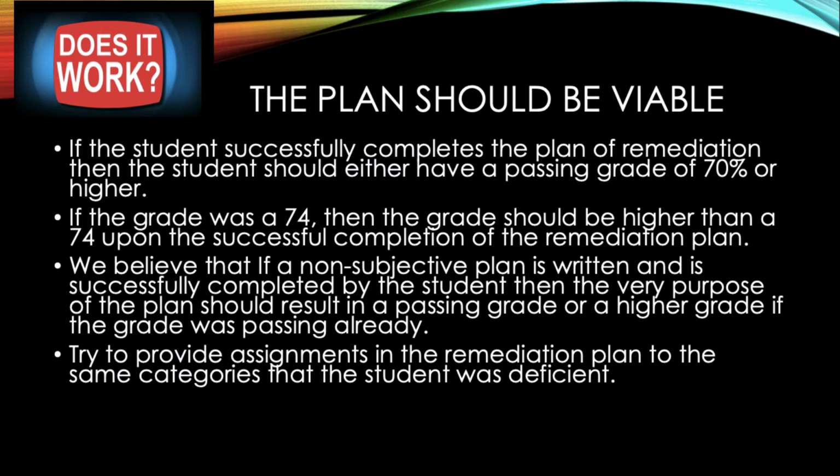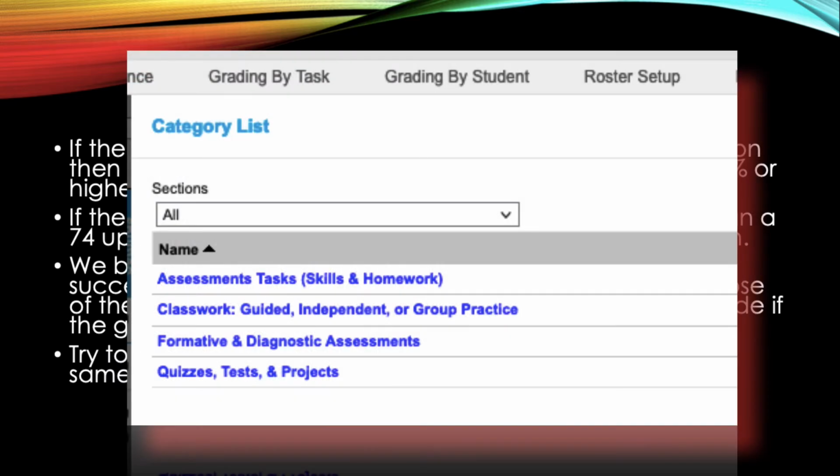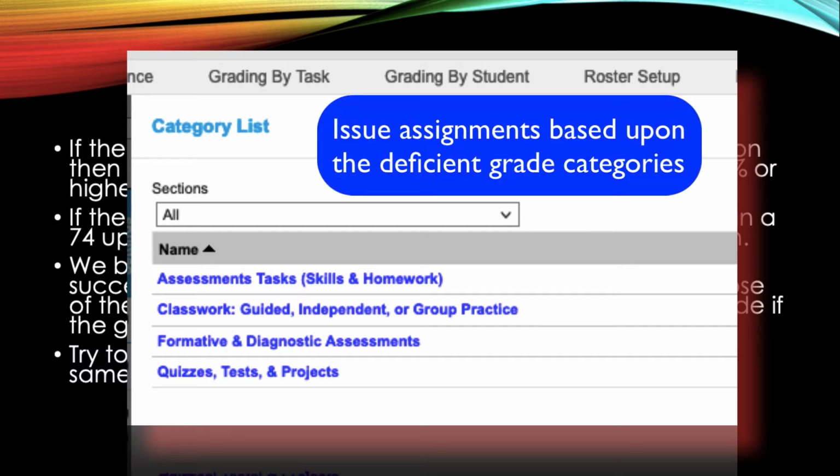Try to provide assignments in the remediation plan in the same category that the student was deficient. If the student is deficient in assessment during learning, then it may be a good idea to make sure that the student receives assignments in that particular area. If the student has a failing average in, let's say, projects, then I would apply it in that area as well.